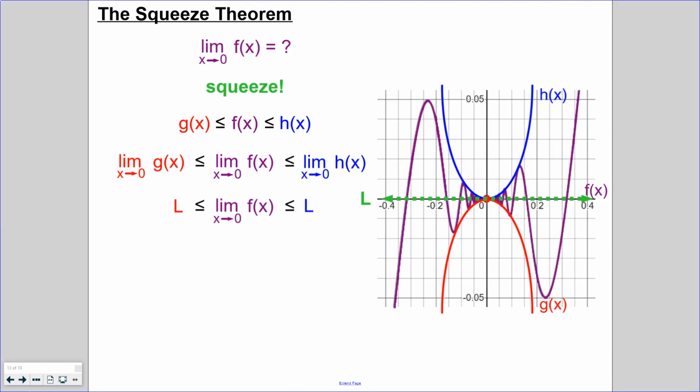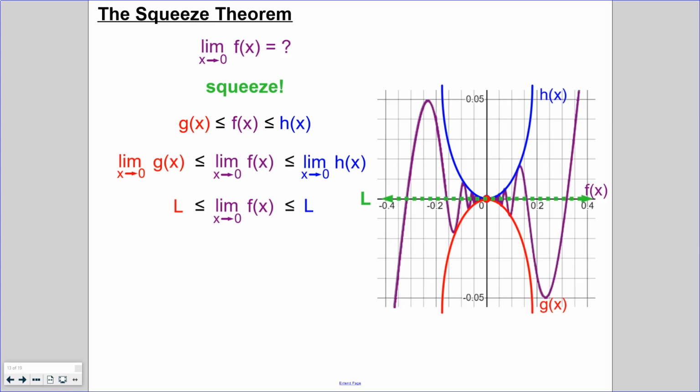Just like with our example with Ronnie, Percy, and Jasmine, where we were able to squeeze Jasmine and Percy to trap Ronnie in the middle, we were able to do that here. We were able to pick functions and squeeze them together until we squeezed them to this particular L value.